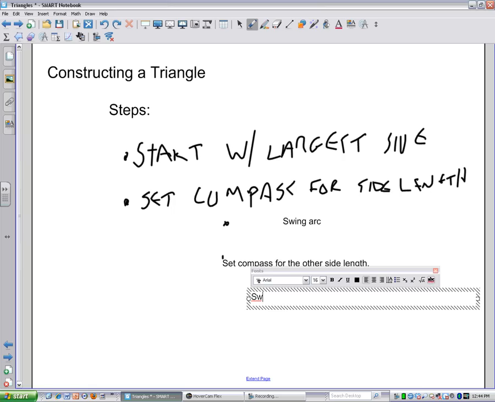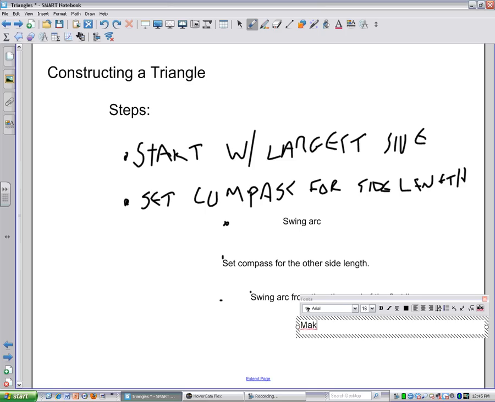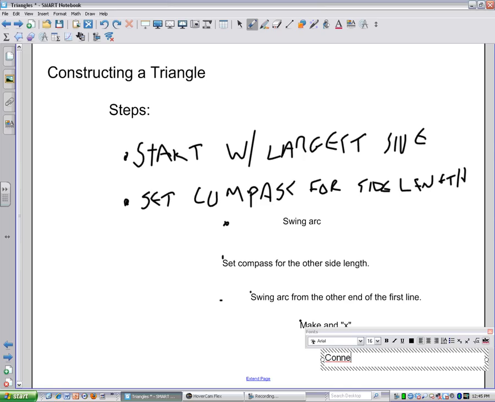And then we're going to swing the arc from the other end of the first line. Okay, I don't teach typing. So we swing the arc from there, and that's going to make an X. Connect X to ends of first line.